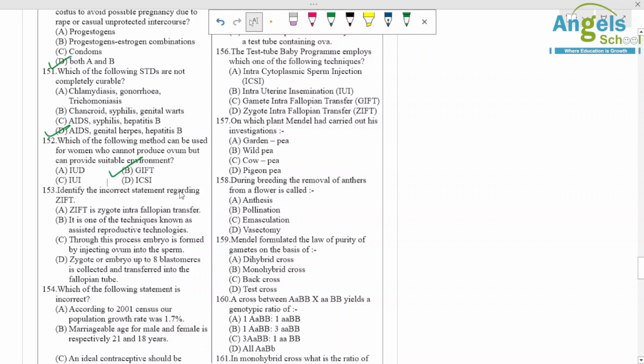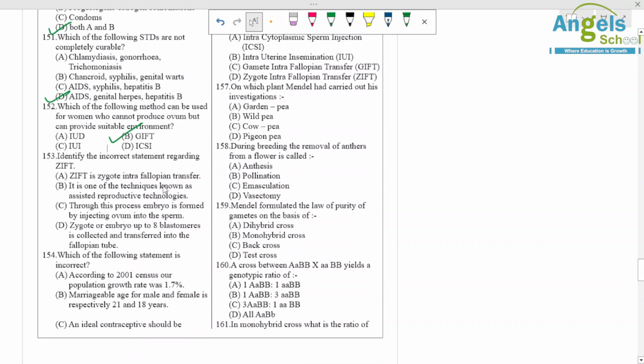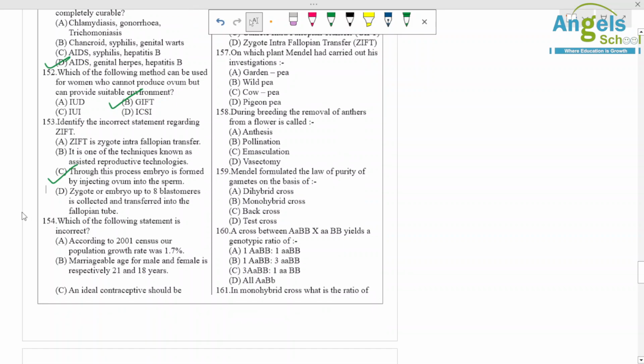It is one of the assisted reproductive techniques, so that is also true. Through this process, an embryo is formed by injecting the ovum into the sperm, so it's a wrong option. That is the method of intracytoplasmic sperm injection, not true for ZIFT. So C is the correct option.